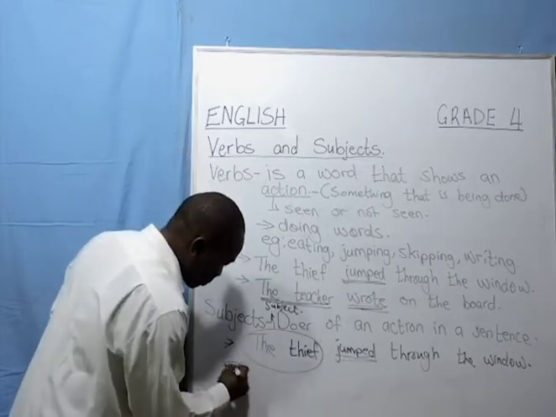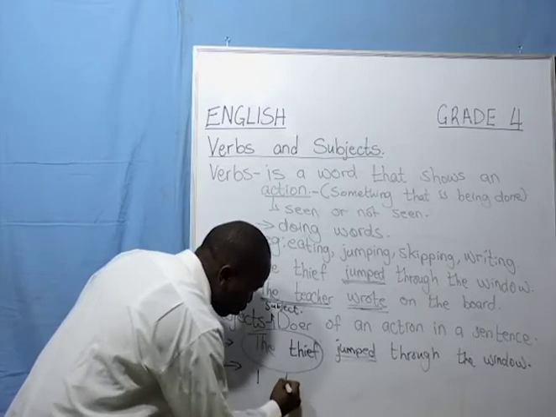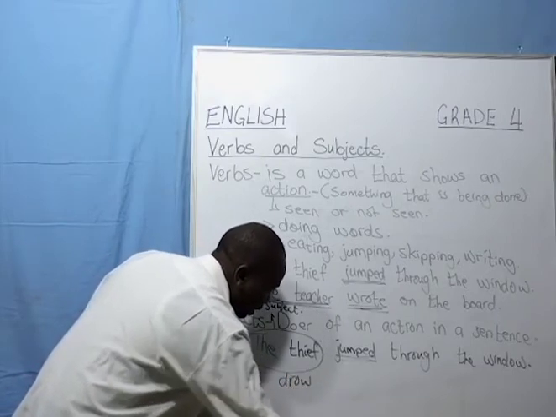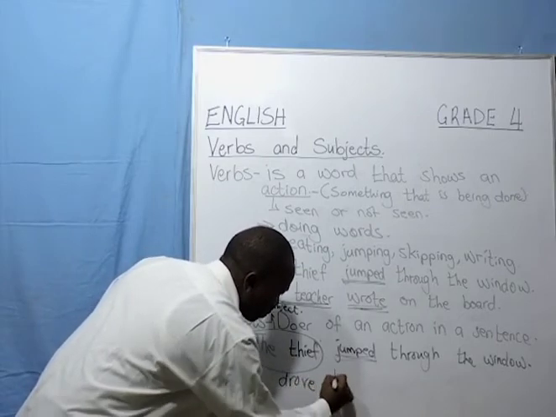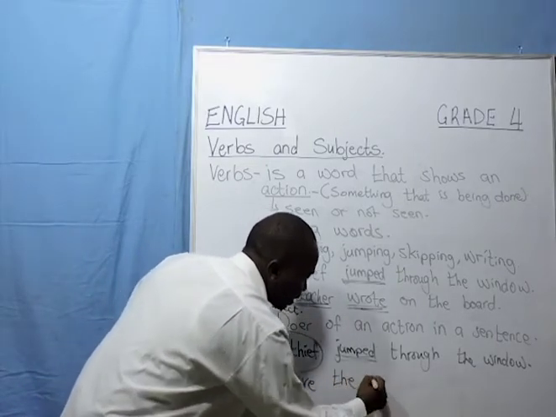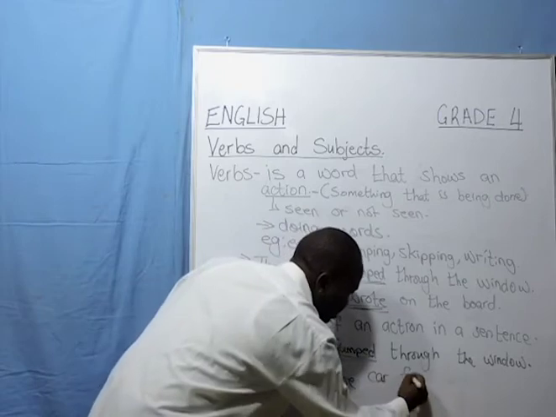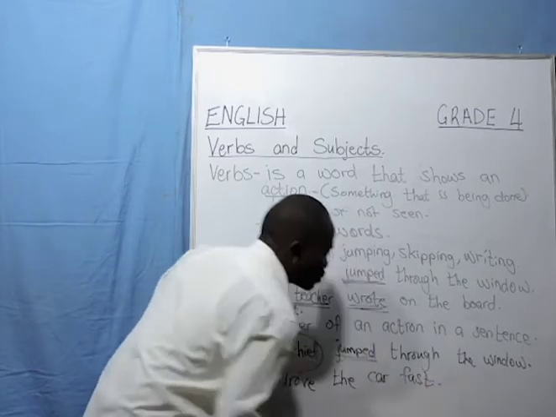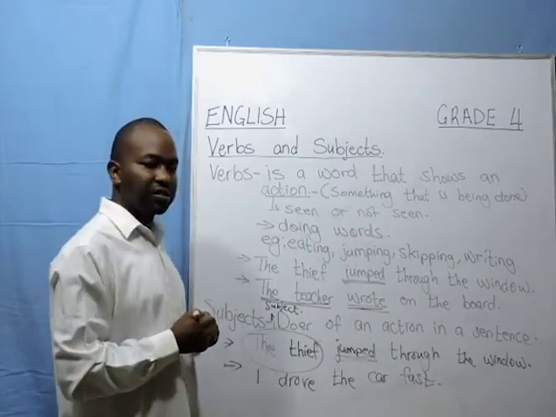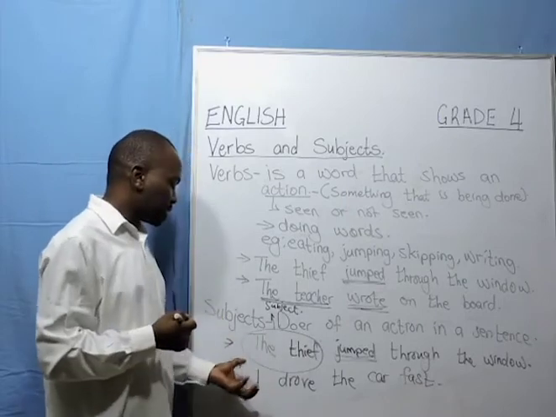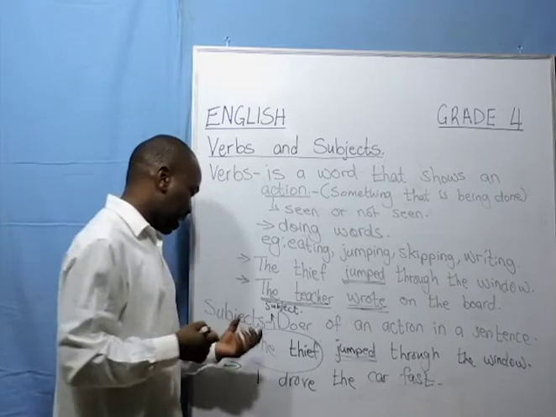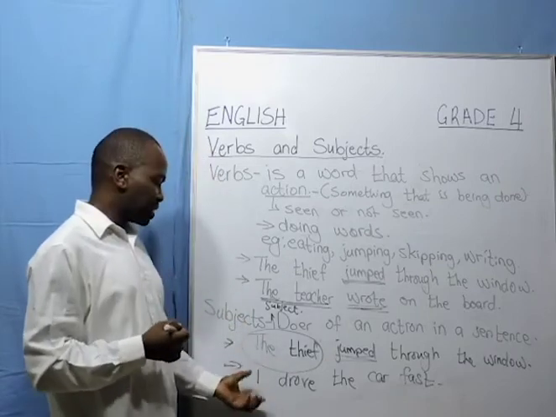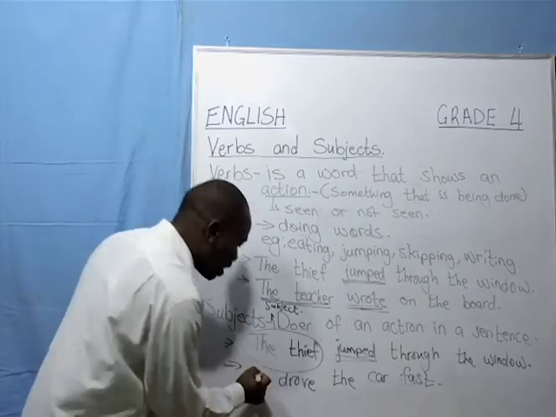Let's have another example. I drove the car fast. So, who is the doer or the subject in that sentence? Now, the doer of this action of driving will be I.